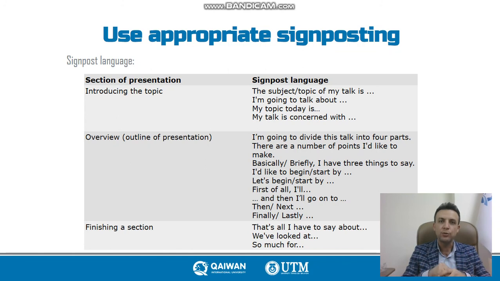Whenever you're going to give a lecture about anything, we have, for example, finishing a section. Once you're done with one section and you're going to talk about another one, you say, for example, that's all I have to say about.